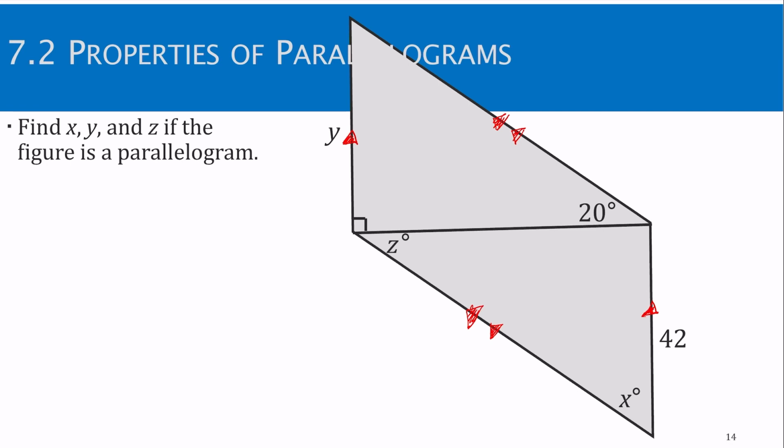Well, let's start with y. Y is the easiest one. Y is 42. Why is y 42? Because opposite sides of a parallelogram are congruent.